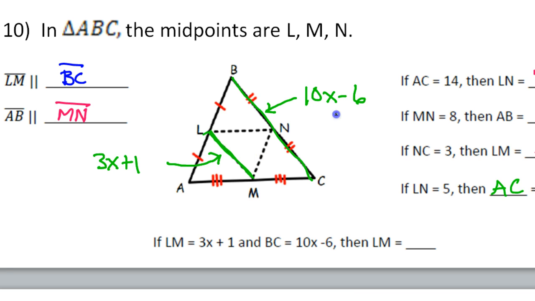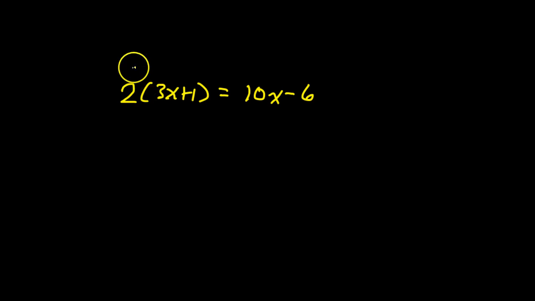Now, remember that this longer side here is double the shorter side. So in other words, if I double the 3x plus 1, that should equal the longer side. Alright, double the smaller one should equal the bigger one. So we can solve this equation. Of course I'm going to do the distributive property.